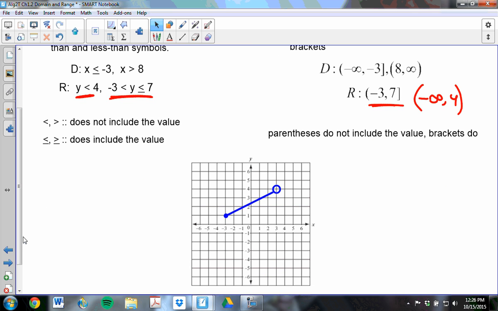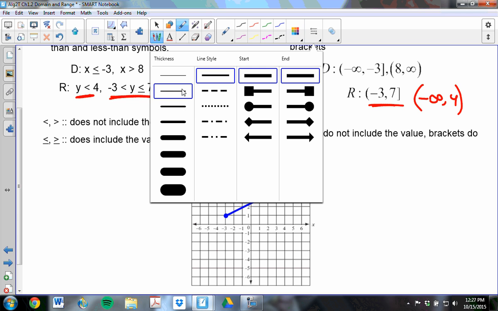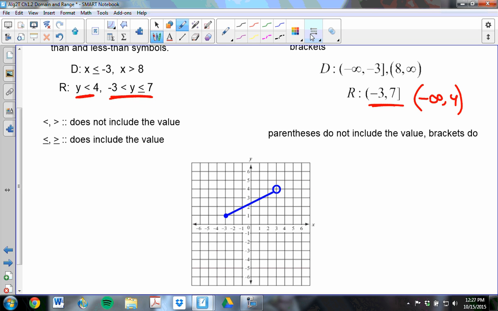I have a simple segment that doesn't even go in both directions forever, a closed circle to represent included, an open circle to represent not included, and we'll start with domain. With domain, I'm checking to see which x values occur. The domain is really going from negative 3 to 3, but you're not including the 3 itself.